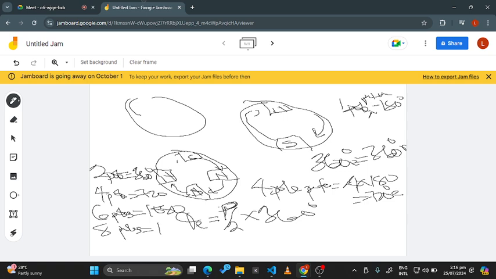If I have two poles, I get 2 divided by 2 times 360, which gives 360. If I have four poles, 4 divided by 2 gives 2, and 2 times 360 gives 720. For six poles, this evaluates to 3, and 3 times this gives 1080. I hope that makes sense.